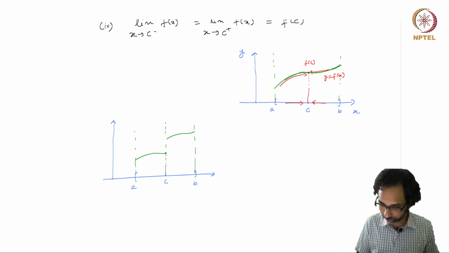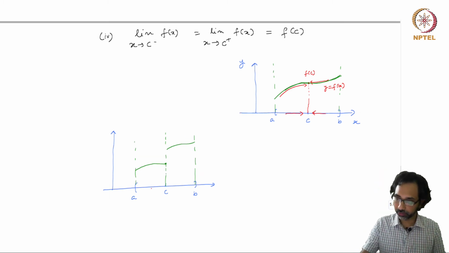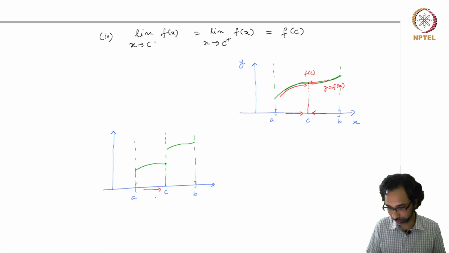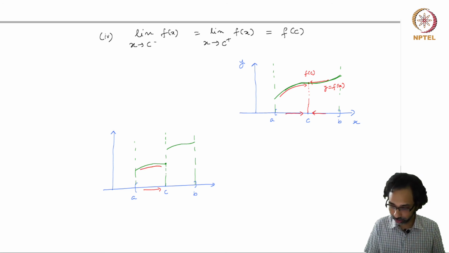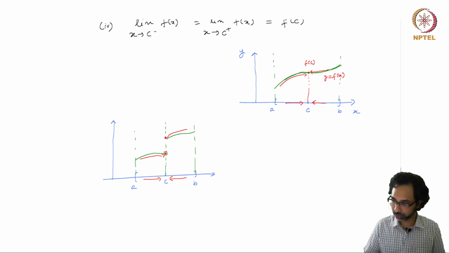In this graph, when you approach c from the left hand side, you get this value here, but when you approach c from the right hand side, you get this value here. Therefore these two values do not coincide, and so there is a discontinuity at the point c.